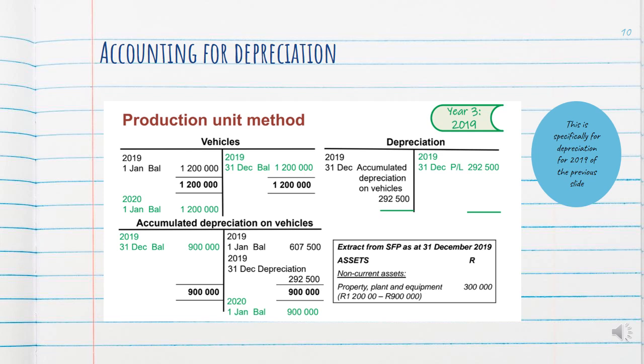So the units of production example that I did with you, this is accounting for year 3's depreciation. And this is from the slides that your lecturers put up for you, and I think it's laid out very, very nicely for you. So this is a very good slide to have on hand on how to account for depreciation as well.